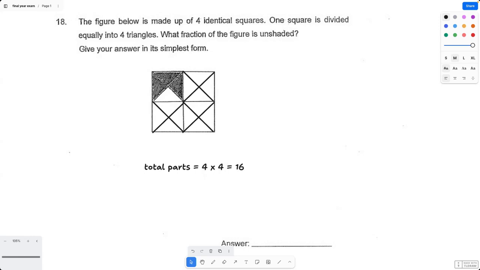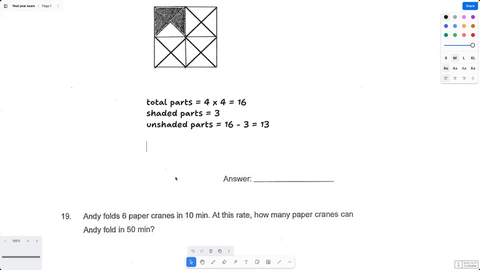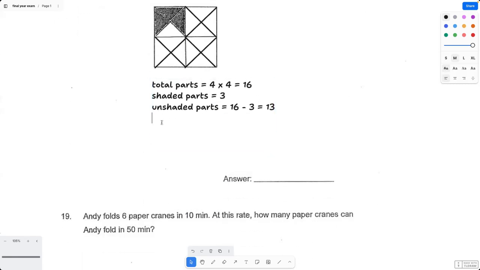Shaded parts is equal to 3. Unshaded parts is 16 minus 3, which equals 13. So therefore, what's the fraction? The fraction of unshaded parts.